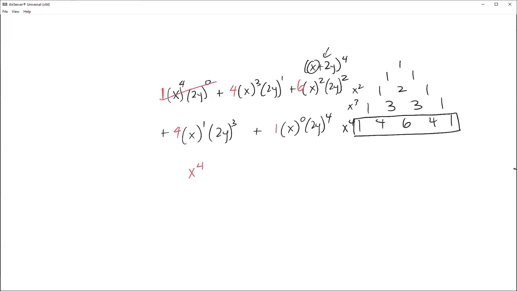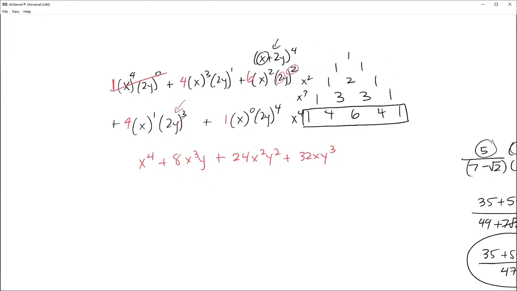This is to the first, so 8x cubed y plus, so remember, make sure to do the exponents first. 4 times 6 would be 24x squared y squared plus 8y cubed. 8 times 4 is 32, so 32x y cubed. And then plus 2 to the fourth is 16y to the fourth power. That is your answer.